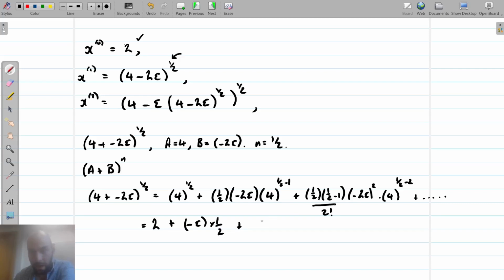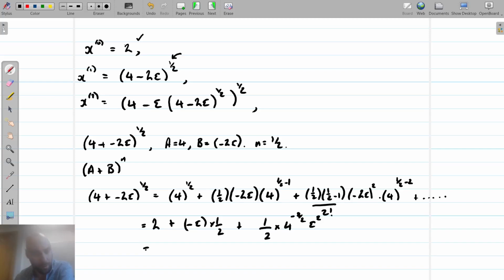Plus here I've got a half times minus a half, so that's minus a quarter. Then there's a 4 there, so that cancels, so we end up getting 1 over 2 factorial times by 4. You can just get your calculator out and work these things out if you don't want to just do it in your head.